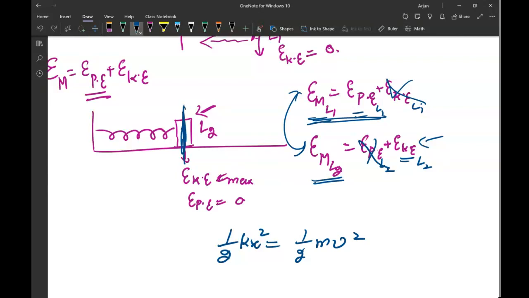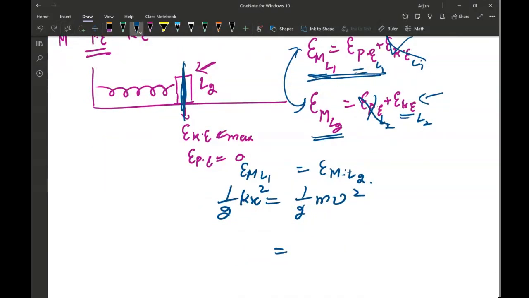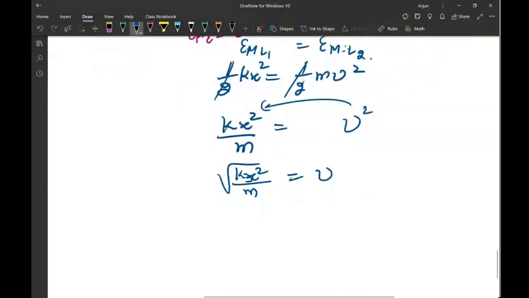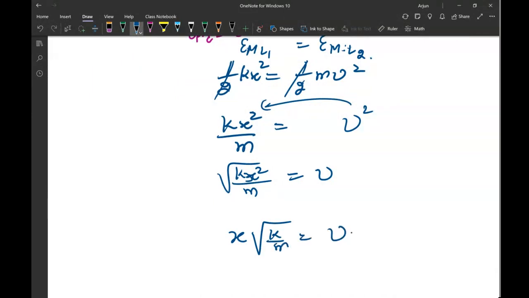Why have we compared them? Because we know that mechanical energy at location 1 is equal to mechanical energy at location 2. They both are the same. From here I can find the speed with which it is moving: kx square divided by m, and I take the square root of the whole thing, so v equals x times the square root of k over m.